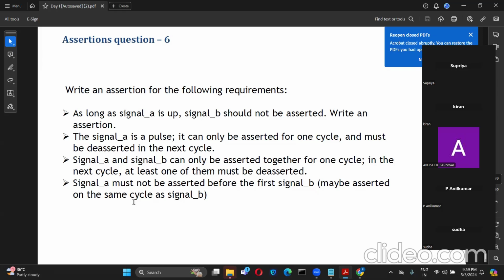So until means when signal B is not there, then this will be in the de-asserted condition itself. When signal B is high, then only you will have signal A to be rose. It should not be zero.